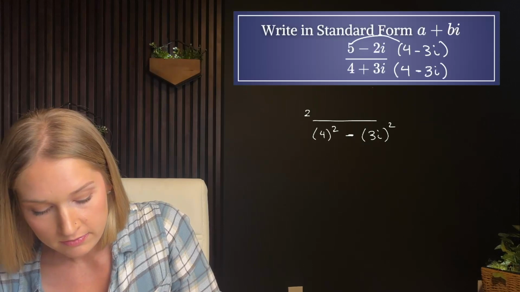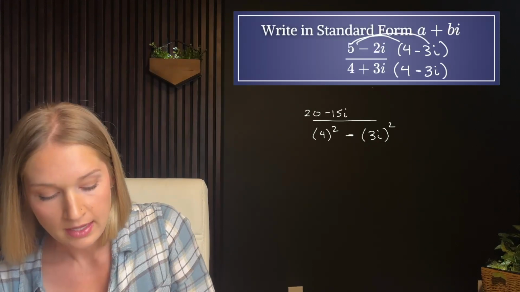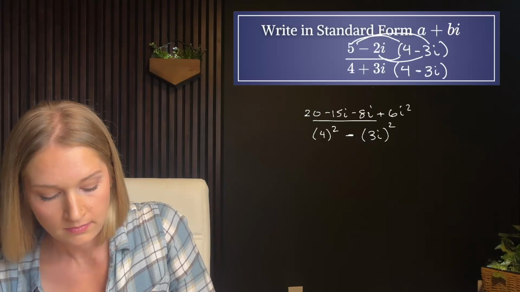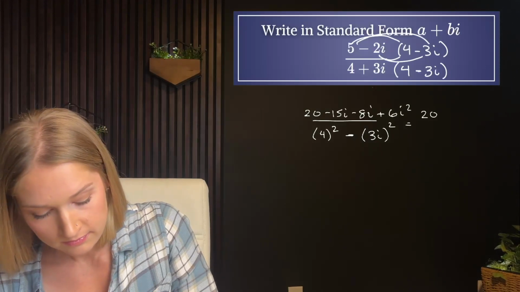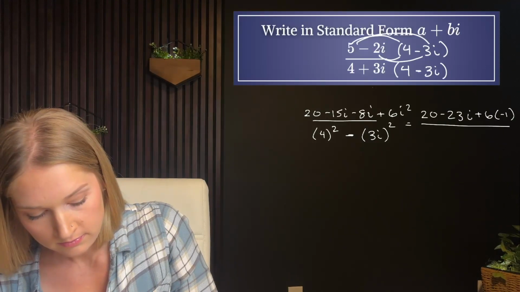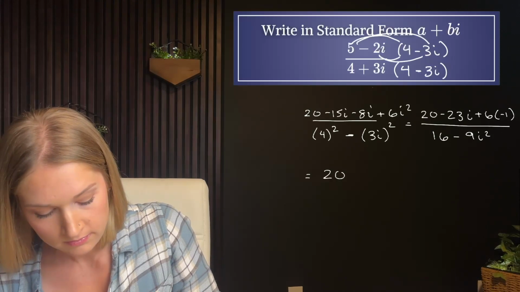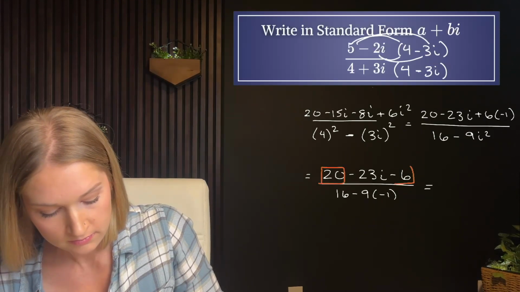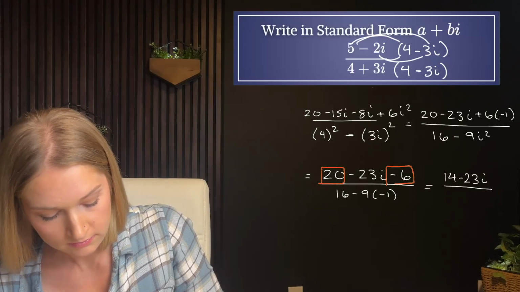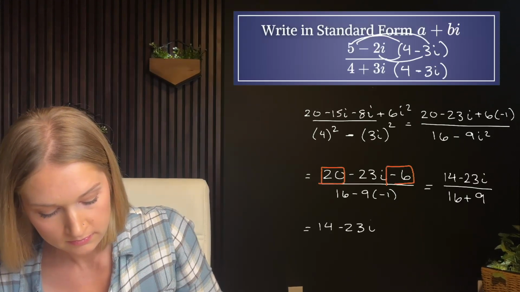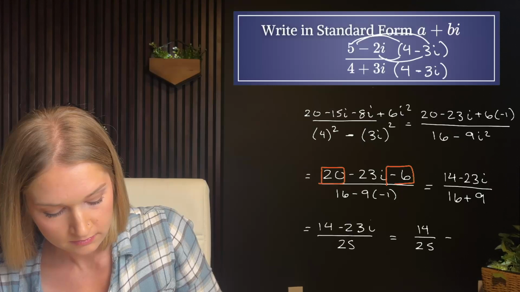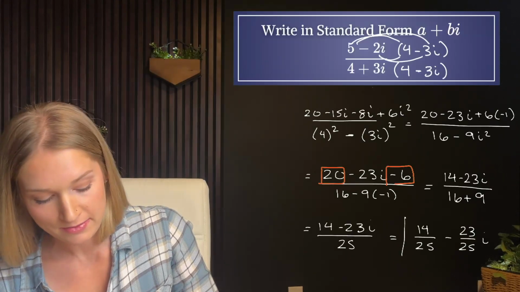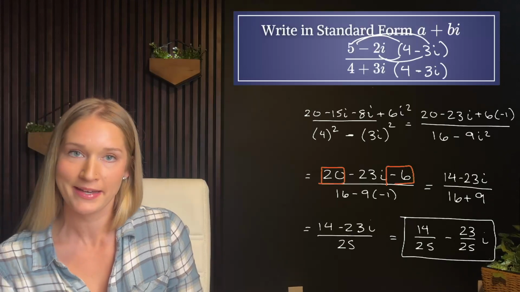I distribute my 5, and then my negative 2i, and I simplify. So this would be your expression in the form a plus bi.